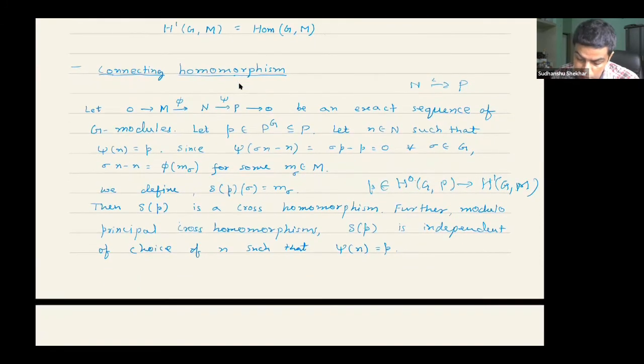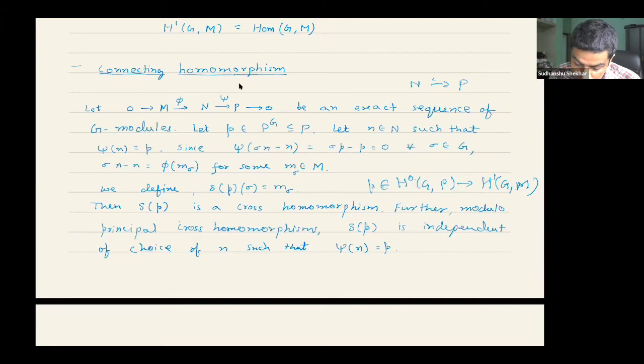What we notice is that if you apply psi on sigma n minus n, this is 0, and therefore sigma n minus n is in the kernel of psi, and delta p of sigma equals m sigma. So this is a well-defined function from H naught of G comma P to H1 of G comma M, and this is called the connecting homomorphism from H naught to H1.